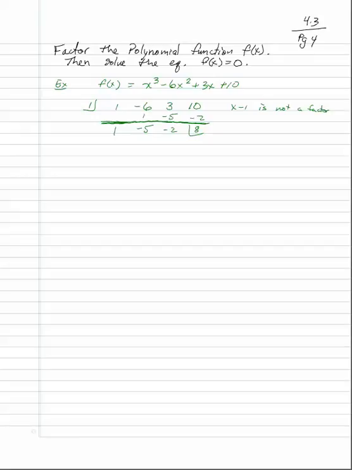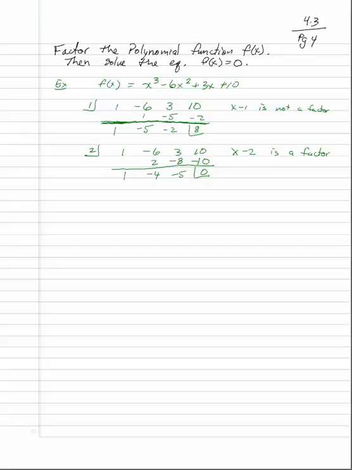So we're going to try 2. So 1, negative 6, 3, 10. Bring down the 1. Negative 4, negative 8, negative 5, and we got lucky, right? So that is a factor. So x minus 2 is a factor.